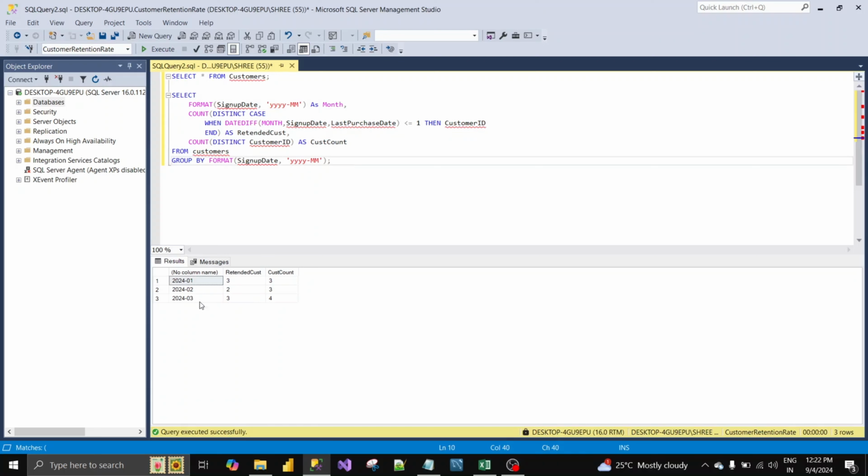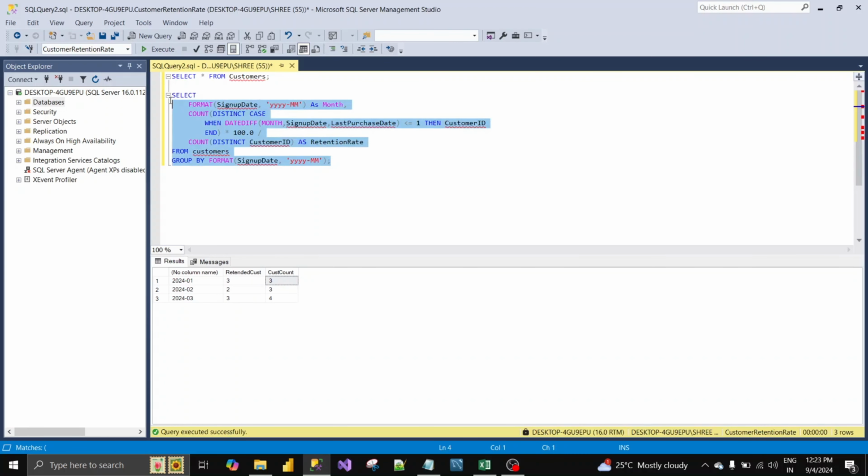Okay, so what we need to do is divide retained cust by cust count and multiply it by 100. So I'll do it within the same query. I will just remove this and give here into 100.0. I'm giving a decimal because percentage can be in decimals also. Then a divide sign, and I'm naming this as retention rate.